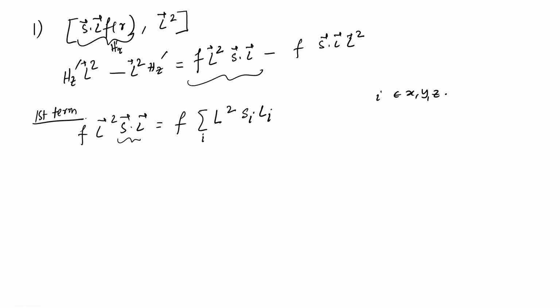All right. So, this is L square S_i · L_i, and because S_i commutes with L square, they operate on different spaces, because one is in the spin space, one is in the orbital space. So, we can write this down as f and sum over i S_i L square L_i.